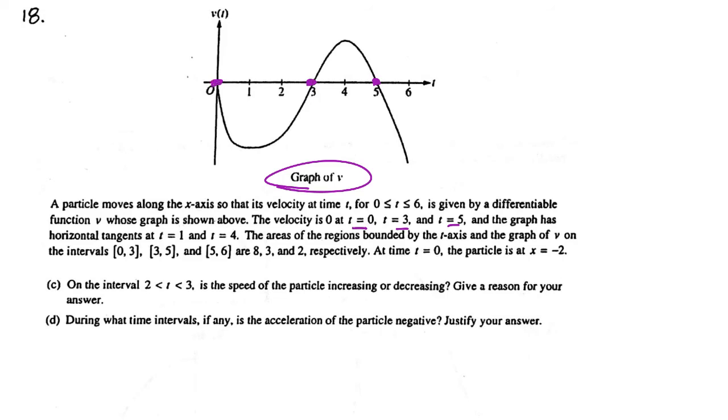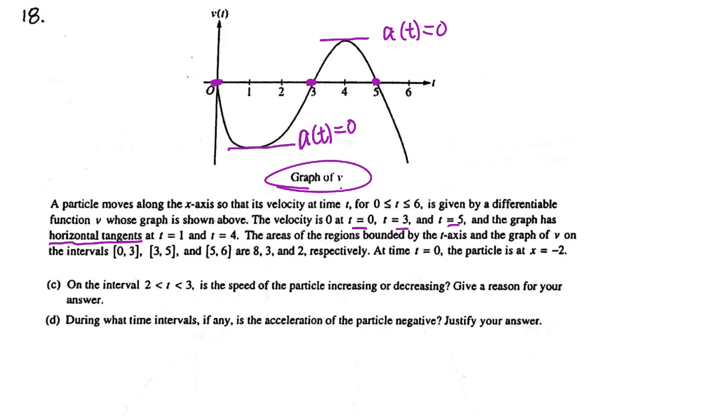And so the graph has horizontal tangents at, so I'm going to stop there. Horizontal tangents, so for the graph of v, this horizontal tangent here at these points at 1 and 4, that tells me that a at t is 0. Our acceleration is 0 here, so that's important.